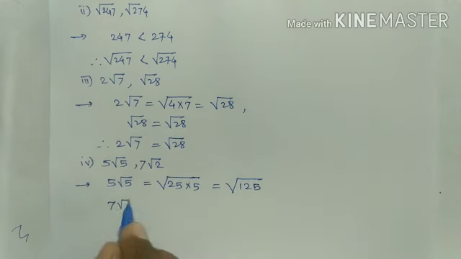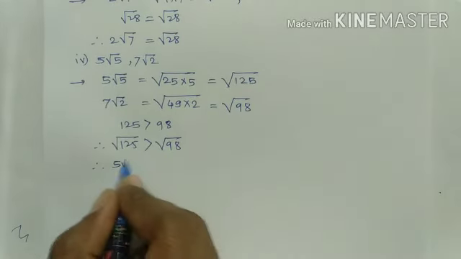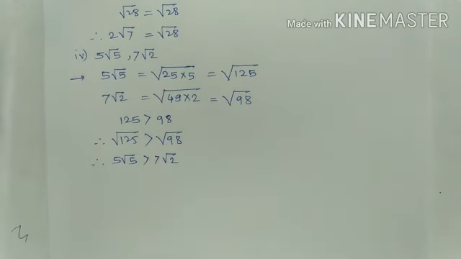Then 7 root 2 equals this 49 into 2, this 7 squared we have taken inside the radical sign, that is equals root 98. Here 125 is greater than 98, therefore root 125 is greater than root 98, and therefore this 5 root 5 is greater than 7 root 2.